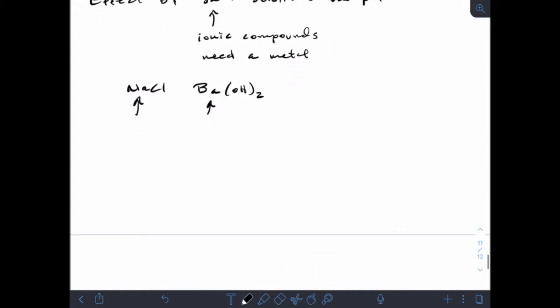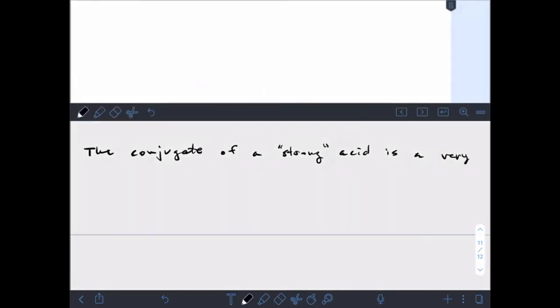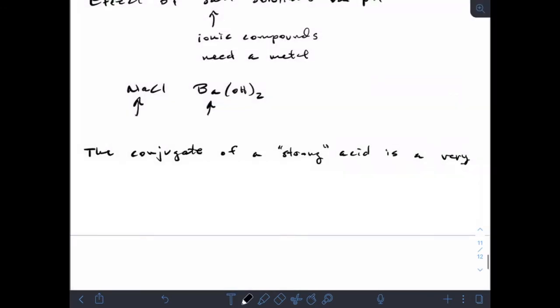Okay? So we just talked about the conjugates of strong things, that the conjugate of a strong acid is a very, very weak base.